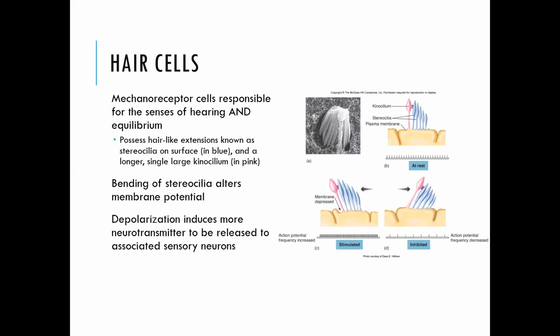Now, I forgot to mention, based on the movement of these structures, it's going to trigger a response that will cause us to maintain our balance. So when those cilia move to your left, for example, it's going to trigger a response by our muscles in different parts of our body to allow us to maintain balance.